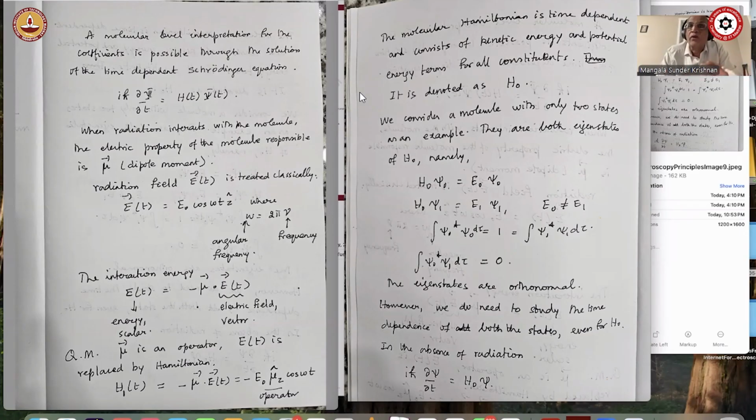So, spectroscopic problems usually look at the solution of the Schrodinger equation according to time and some approximation methods. This cannot be solved exactly. You need to do approximation methods.